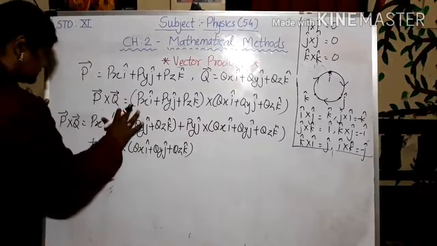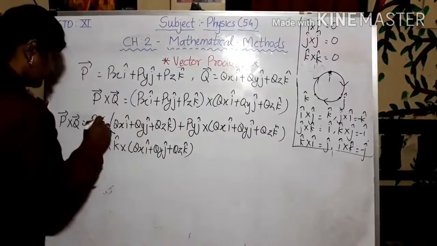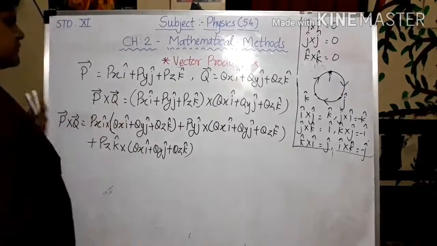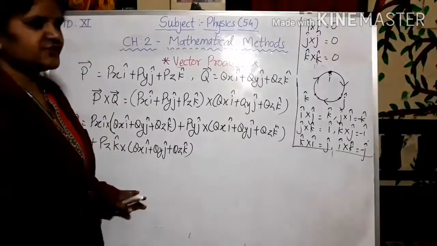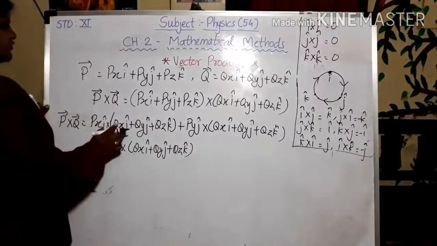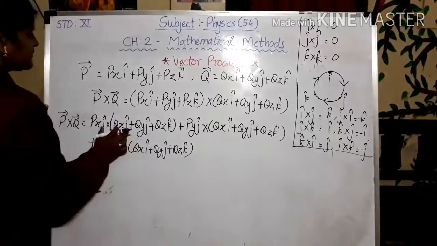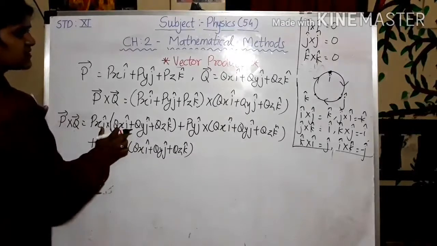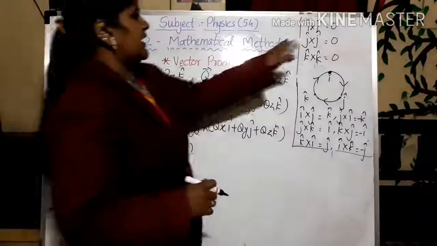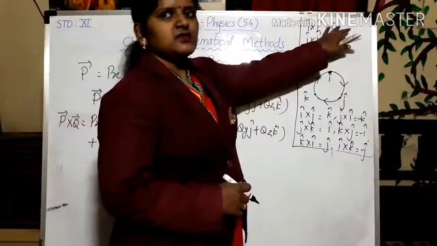I will just write it in a proper way. Okay, so this is it. I have just distributed. Now what we are going to do is see what happens when i cross i comes over there. What happens? i cross i is 0, right?